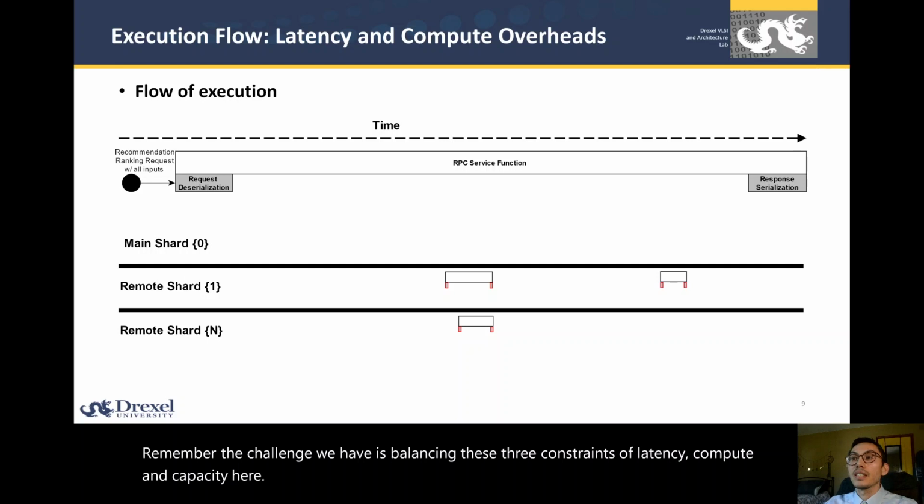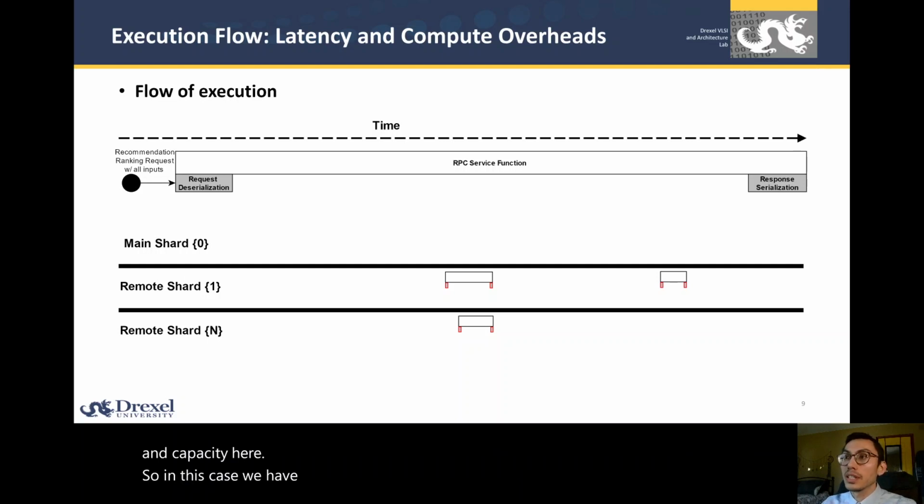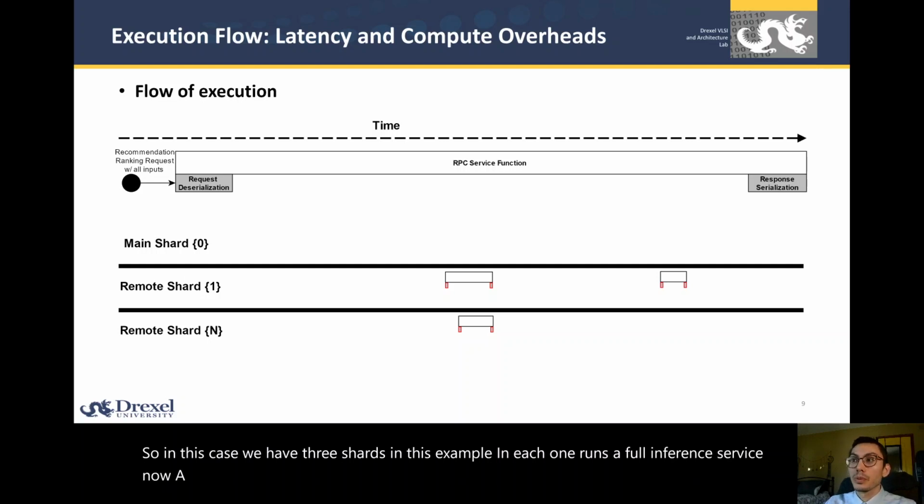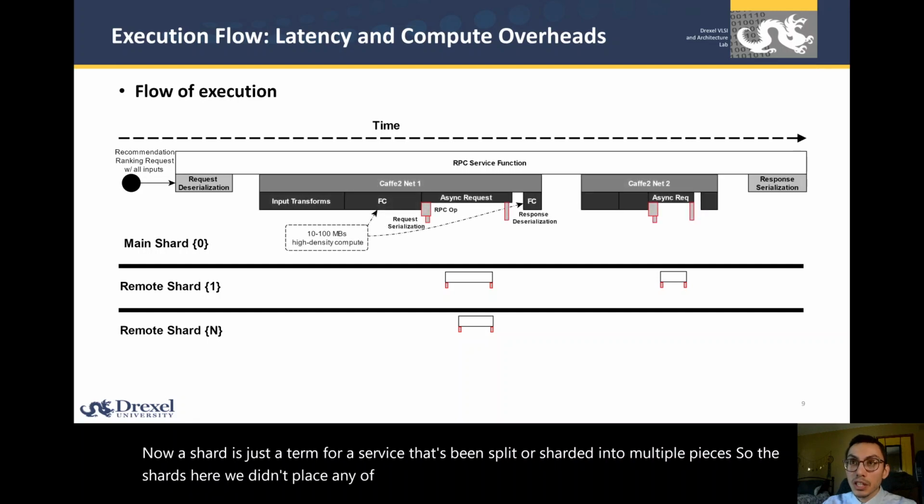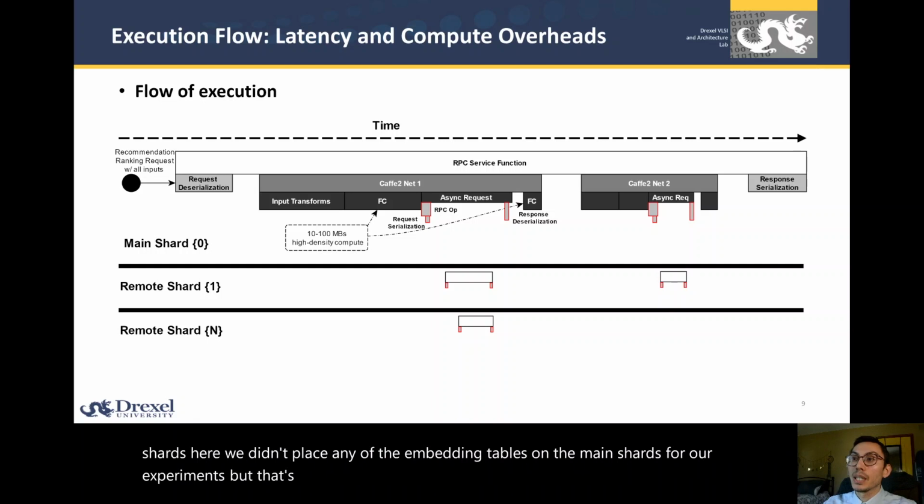So in this case, we have 3 shards in this example, and each one runs a full inference service. Now, a shard is just a term for a service that's been split or sharded into multiple pieces. So 3 shards here. We didn't place any of the embedding tables on the main shards for our experiments, but that's certainly possible if an embedding table is small and frequently accessed.